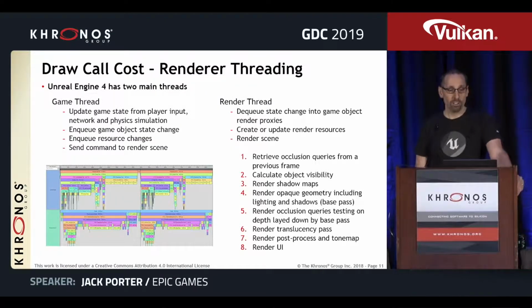So for the draw call, we have two main threads in Unreal Engine. The render has been set up so that you've got the game thread updating the game state, and then we have a render thread that takes some proxy update information from the game state and then walks the scene graph and renders the scene using the steps there.